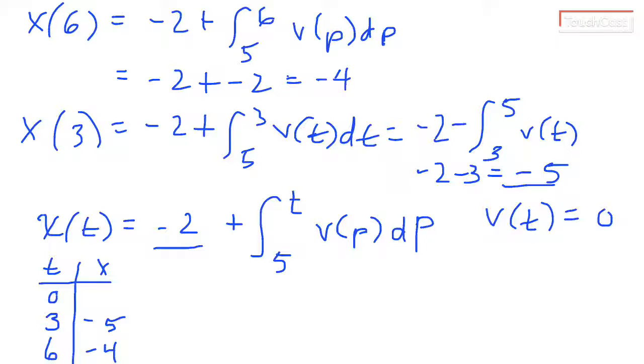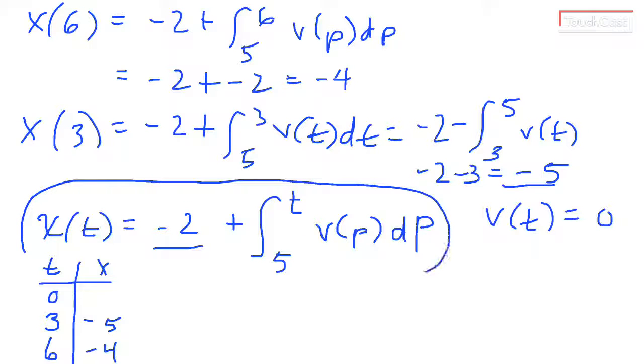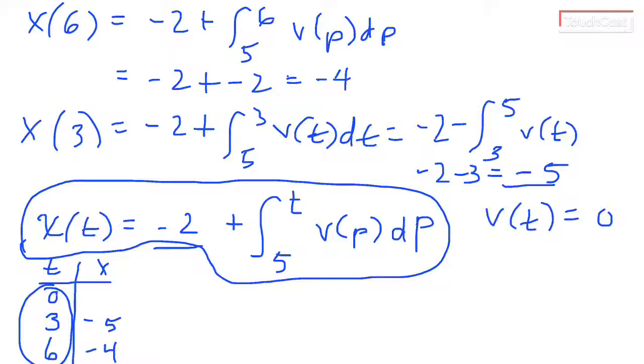Now, just to clarify, this is the x of t function, the position function. I'm plugging those candidate times into the x of t function and figuring out the position at those times.